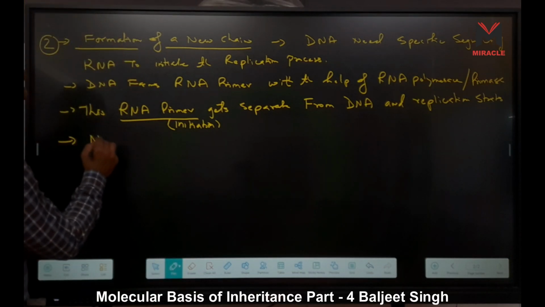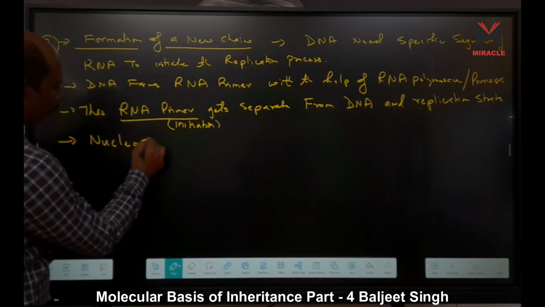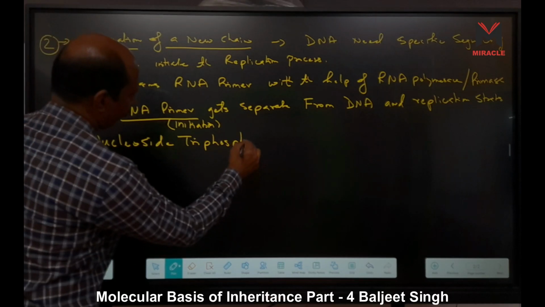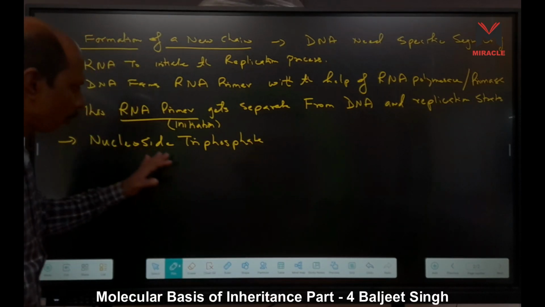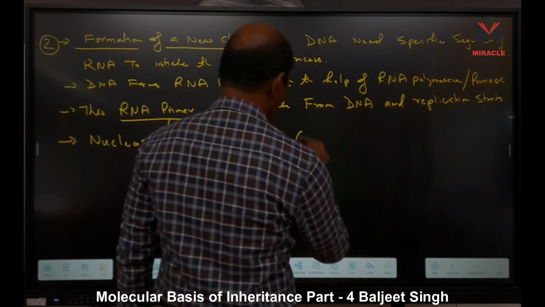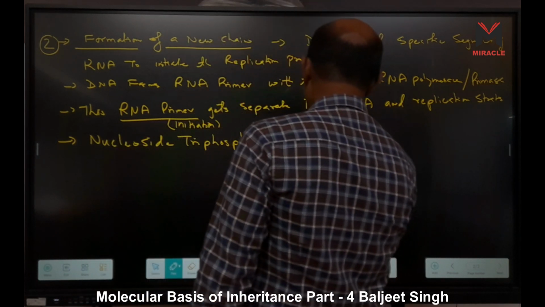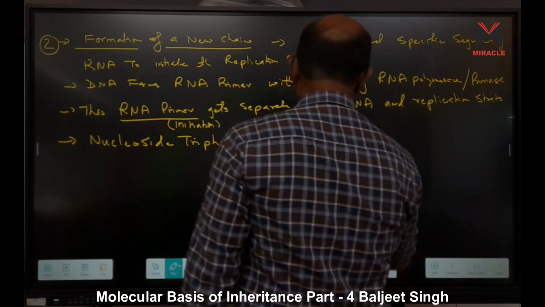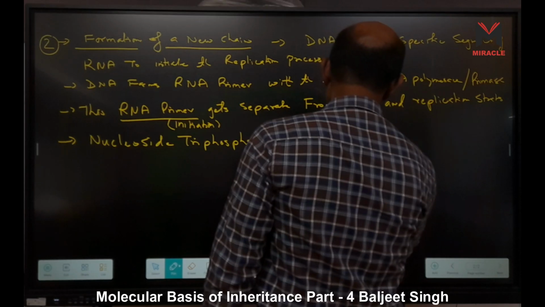Triphosphate. What happens? Nucleoside triphosphate. These are nucleoside triphosphates, right? That means how many nucleoside triphosphates do we need here? First is deoxy ATP. Second one is deoxy GTP.